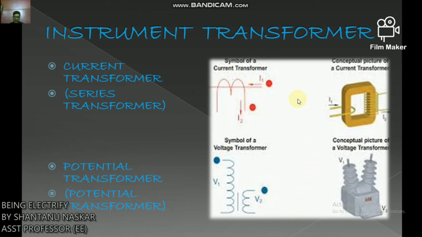For CT the input is constant current and for PT the input is constant voltage. CT is called series transformer, as I said earlier, and PT is called parallel transformer. The impedance of CT is low but the impedance of PT is high. And also there are some advantages and disadvantages.